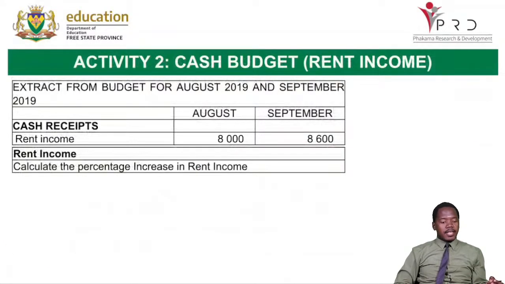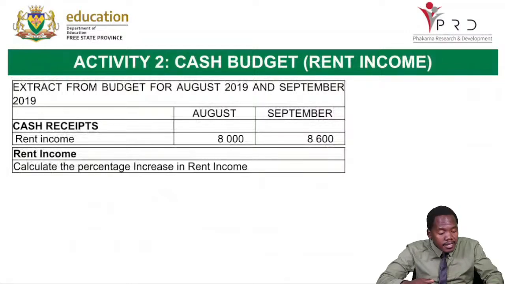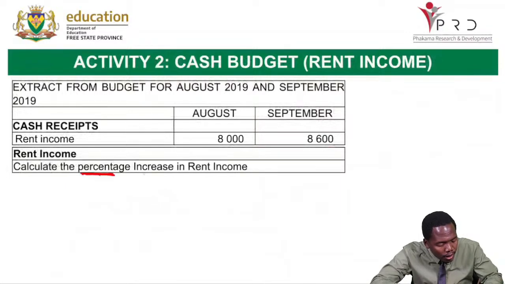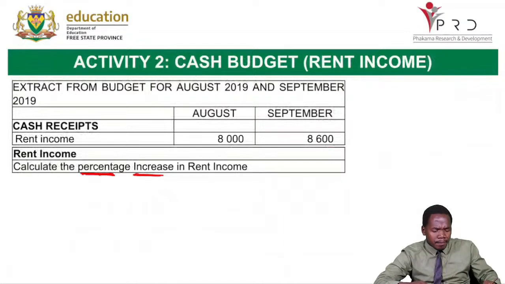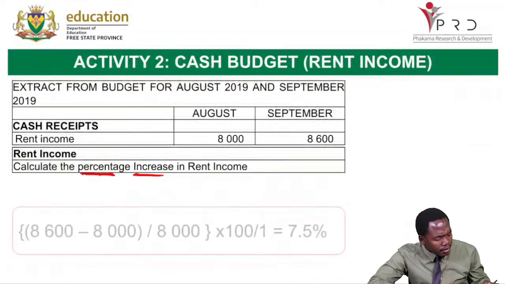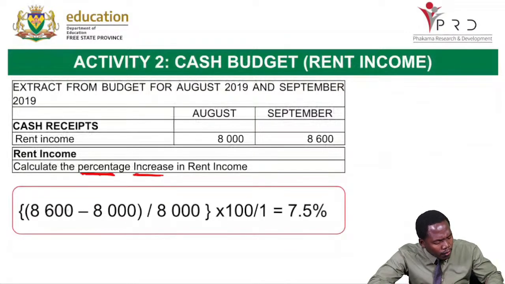Now, let us look at our rent income. Rent income, what are we required to do here? We are required to calculate the rent income percentage. We want to calculate the percentage increase. How do I calculate the percentage increase now? We need to find the difference first.